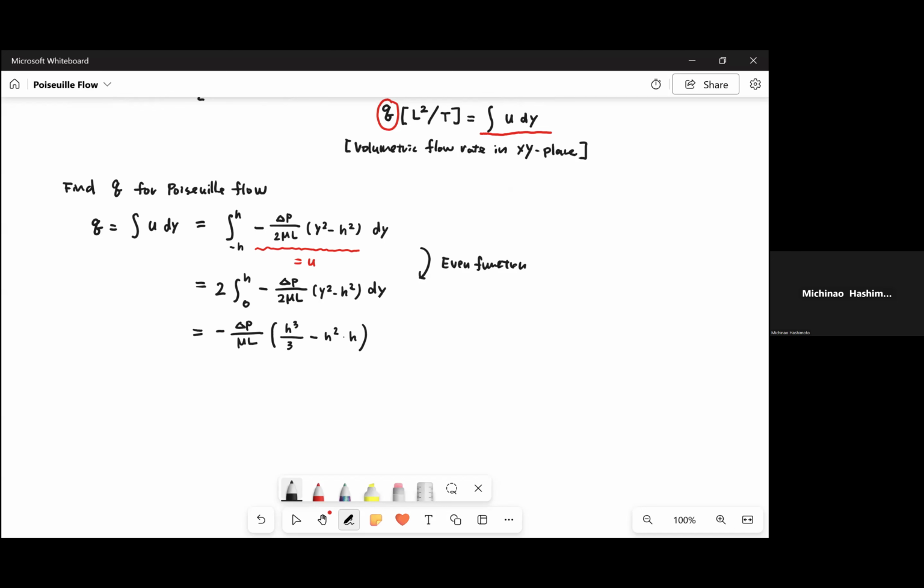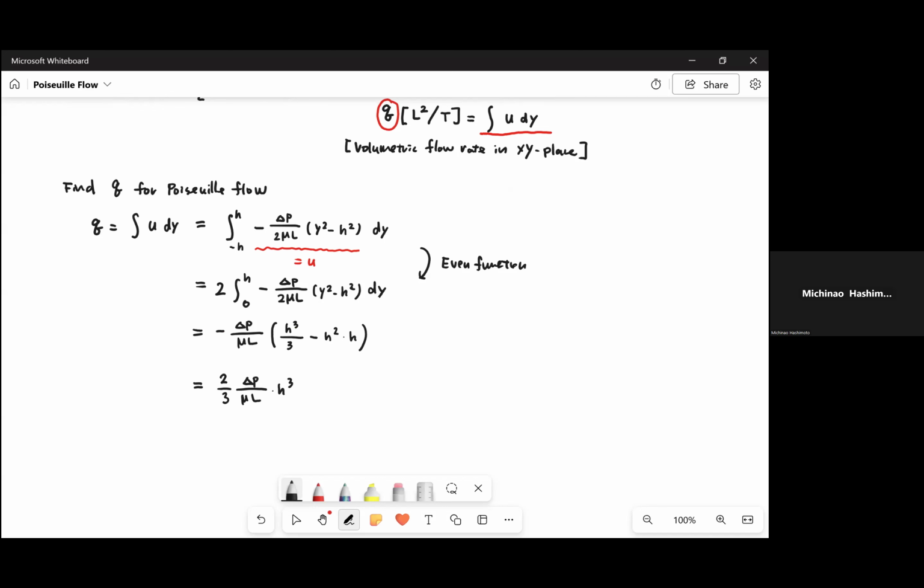So this is going to give you the overall, 2/3 delta p over mu L h cube. This is great.